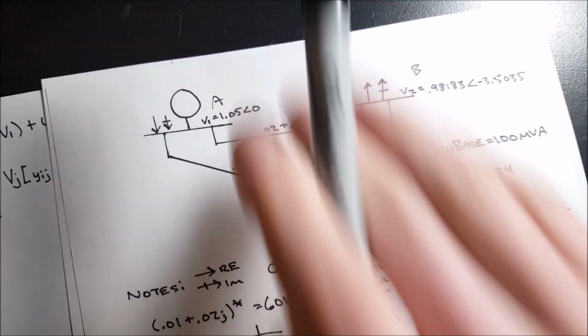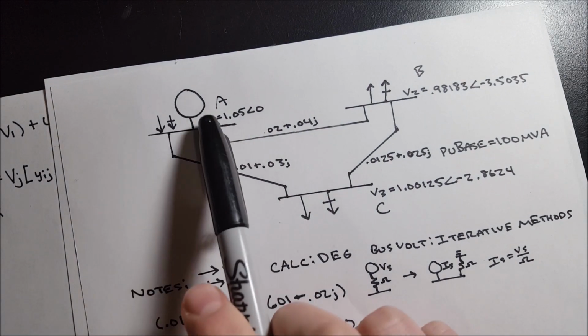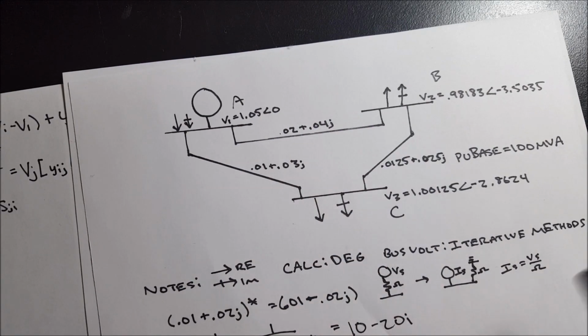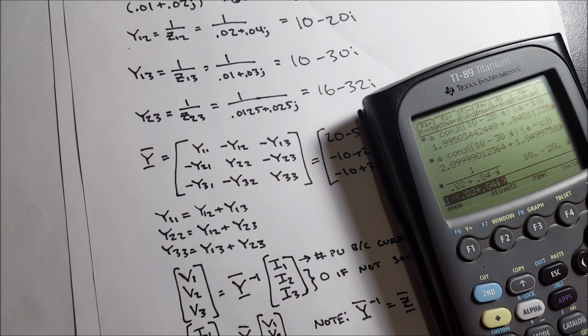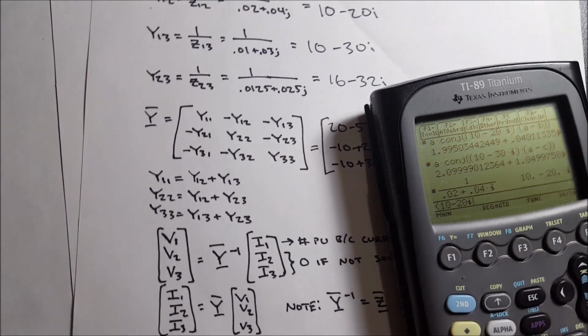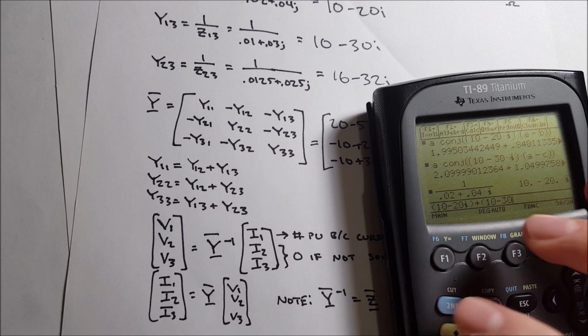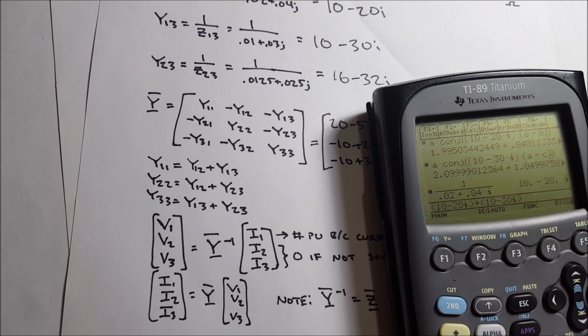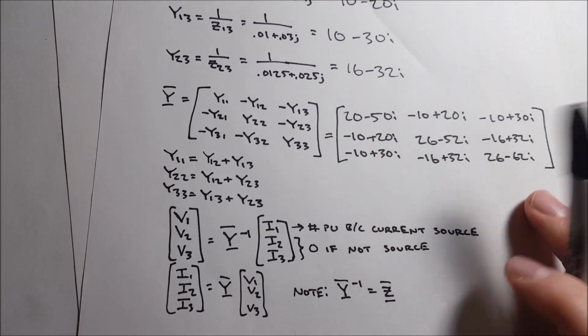In our case, for Y11, we have a line going to bus 3 and one going to bus 2, so you just add them together. That's 10 minus 20j plus 10 minus 30j, which is 20 minus 50j. That's what I got here.